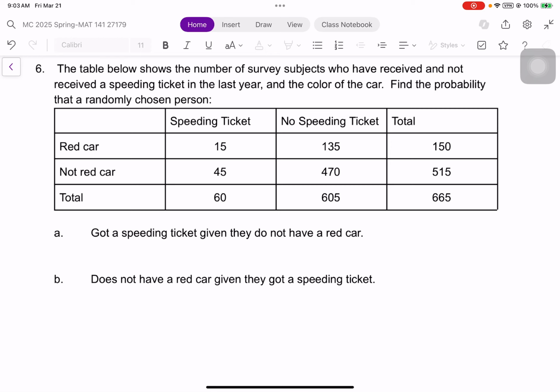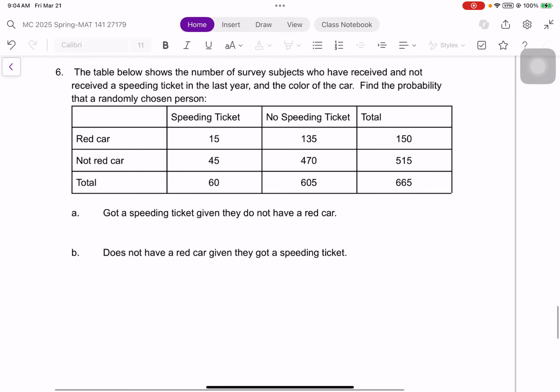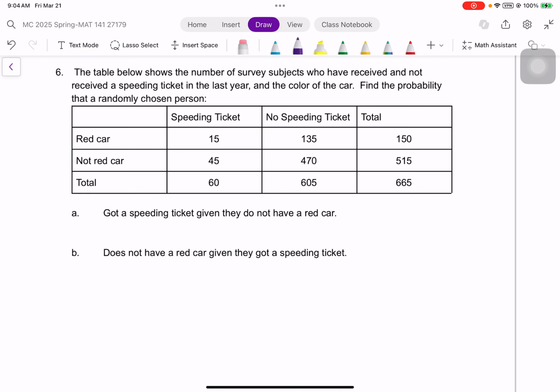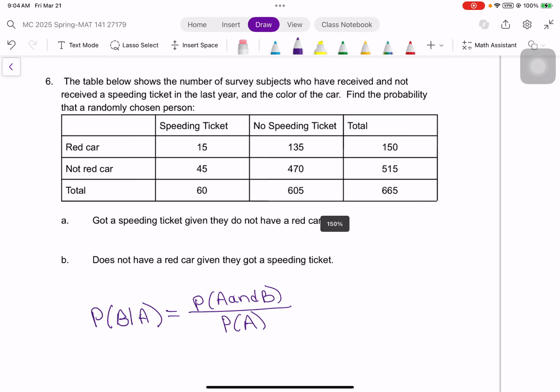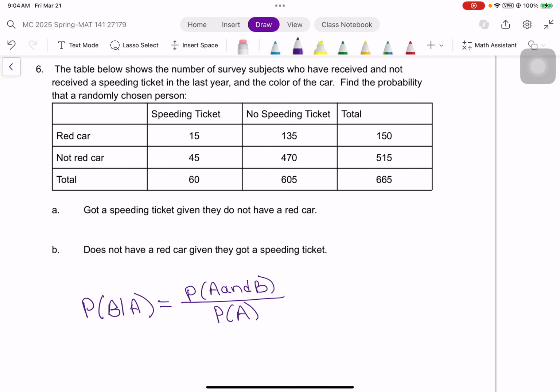So on your probability formula sheet, the formula for conditional probability is P of B given A is the probability of A and B divided by the probability of A. So that might be confusing for you, but I just want you to keep that in the back of your mind so you understand. And remember that line means given.